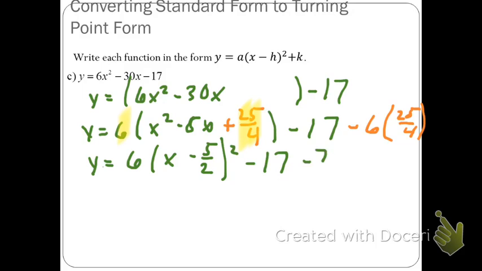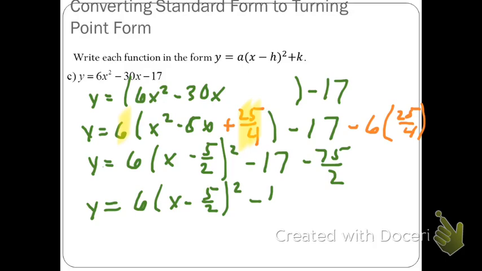That's negative 75 over 2. All right, and then we'll combine our constant terms there. Negative 17 is negative 34 halves, and negative 34 halves minus 75 halves would be negative 109 over 2.